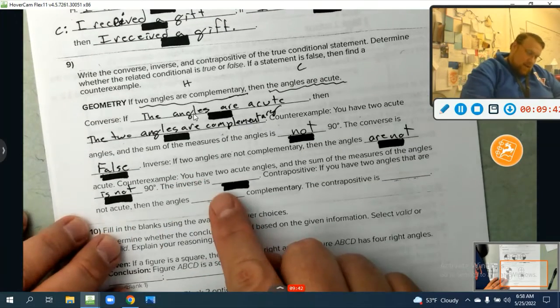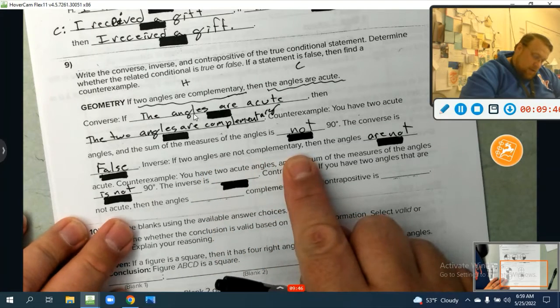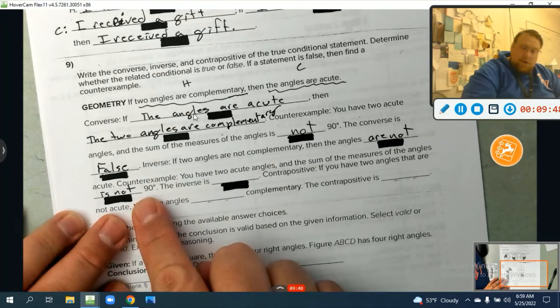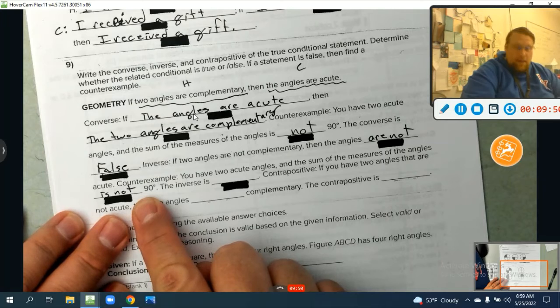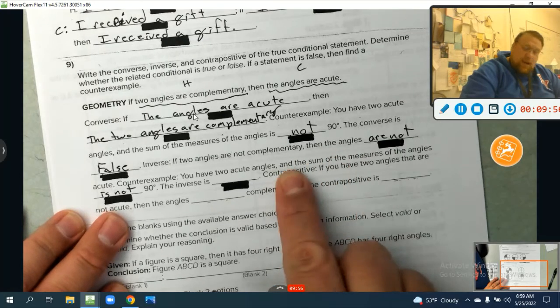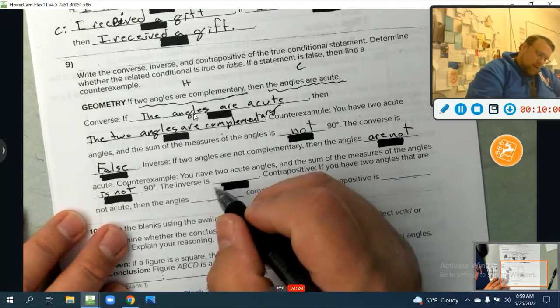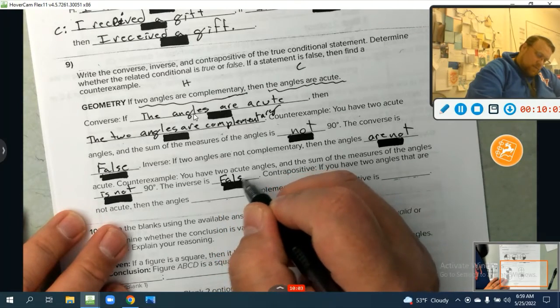Again, if two angles are not complementary, so we have two angles that are not 90 degrees, again, 13 and 5. But then it says the two angles are not acute, but both of those are acute, right? So it doesn't work. The inverse is also false.